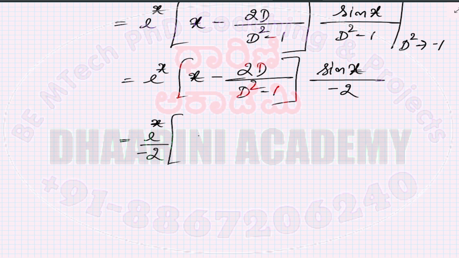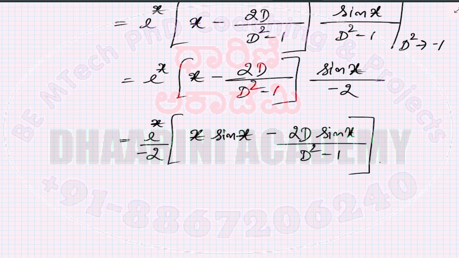Now let's multiply the sine x to the bracket. X into sine x minus 2 times differentiation of sine x divided by d square minus 1. So I need to make sure that d square gets replaced as minus 1 itself.